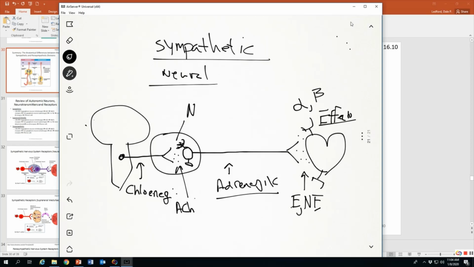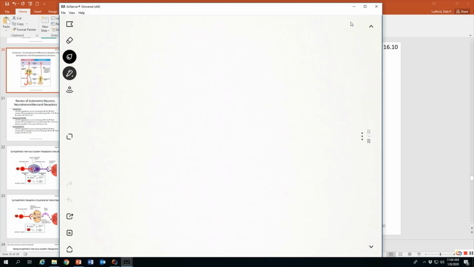So the preganglionic neuron is short, cholinergic, releasing acetylcholine. The acetylcholine then binds to the nicotinic receptor in the ganglia, depolarizing and stimulating the postganglionic neuron, which is adrenergic and ultimately releases epinephrine, norepinephrine. That goes to the target cell, the effector cell, smooth muscle, cardiac muscle, glands, or adipose, and uses an alpha or beta receptor.